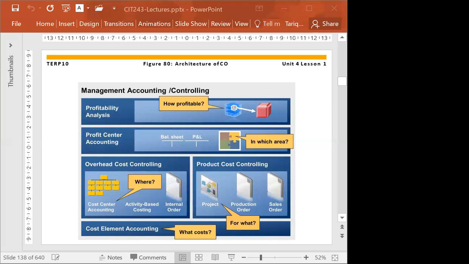Now we do have cost center accounting. This cost center is for controlling purposes, as I mentioned, the photocopy machine example. Basically, any paper we purchased, we need to know where we have spent this paper.